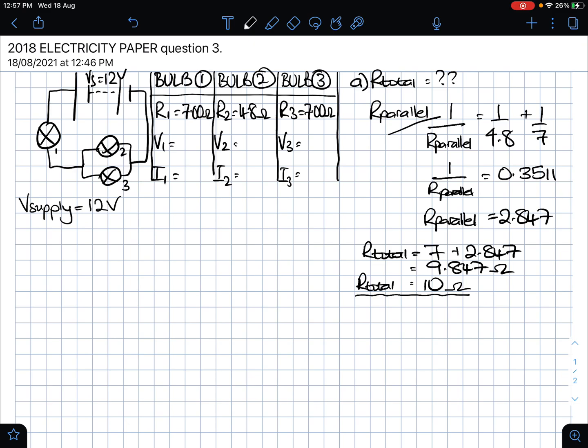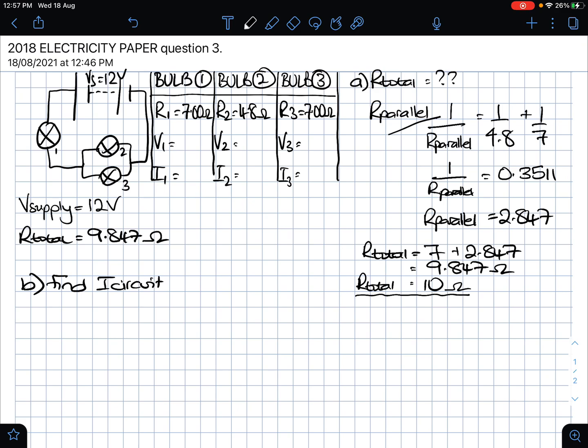So we know voltage supply is 12. Now we know that the total resistance is 9.847 ohms. I'm going to use that number because that's more accurate, remember. So we'll move across here for part B. Part B asks us to calculate the voltages across bulb 1 and bulb 2. So before we can do that, we need to find the circuit current.